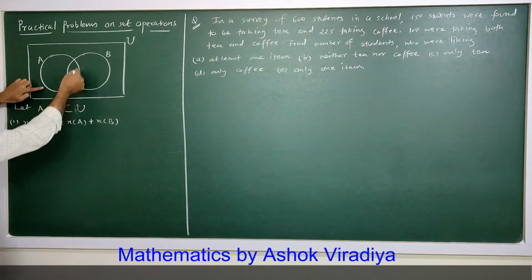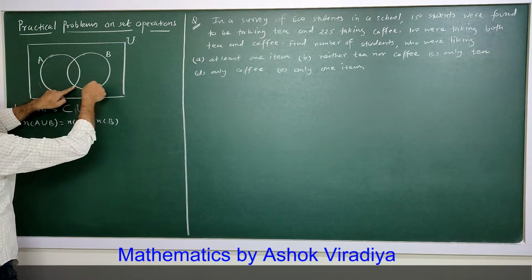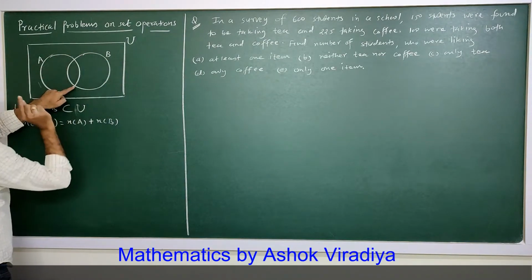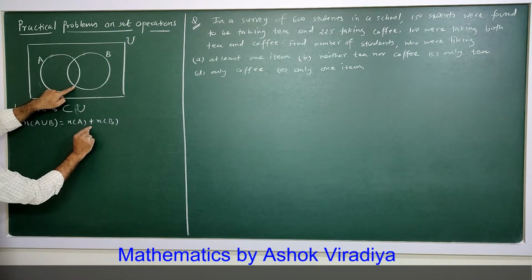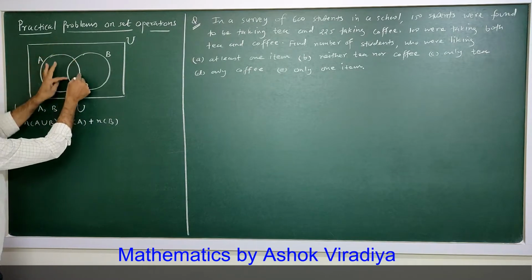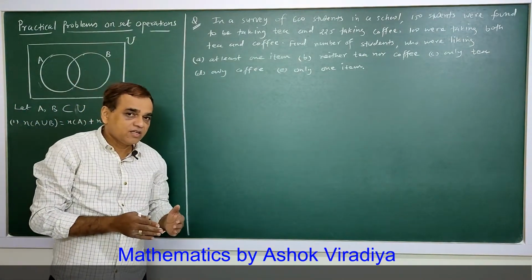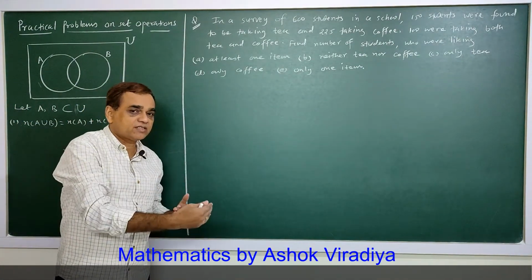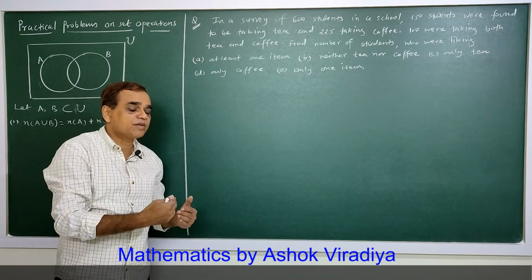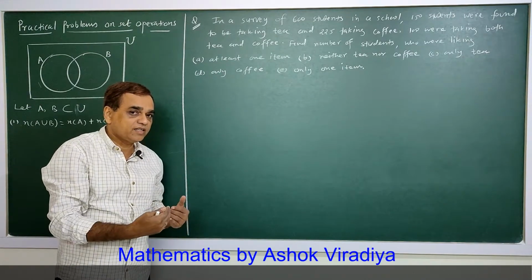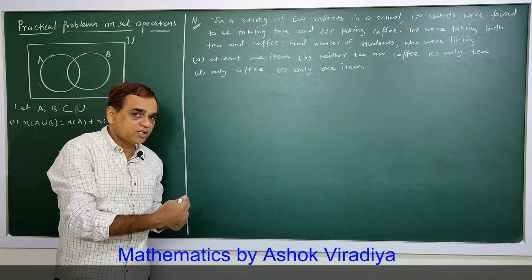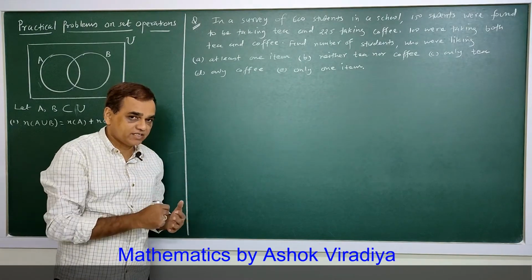So elements in this area plus elements in this region. But see what is happening in this addition. These elements are counted 2 times, and in union we do not repeat elements. We keep every element, either it is in A or in B, we keep once only.